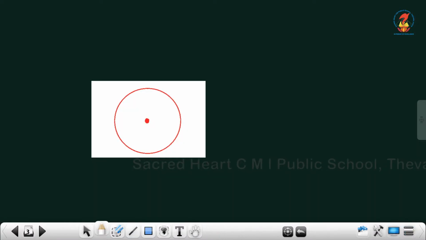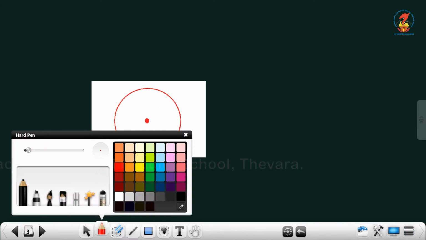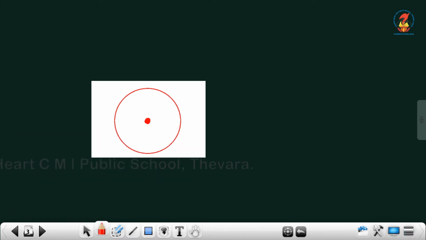Now just see one circle. You can see that this is a circle and same distance from a fixed point, is it? This fixed point is known as center of the circle. What is the name of this fixed point?